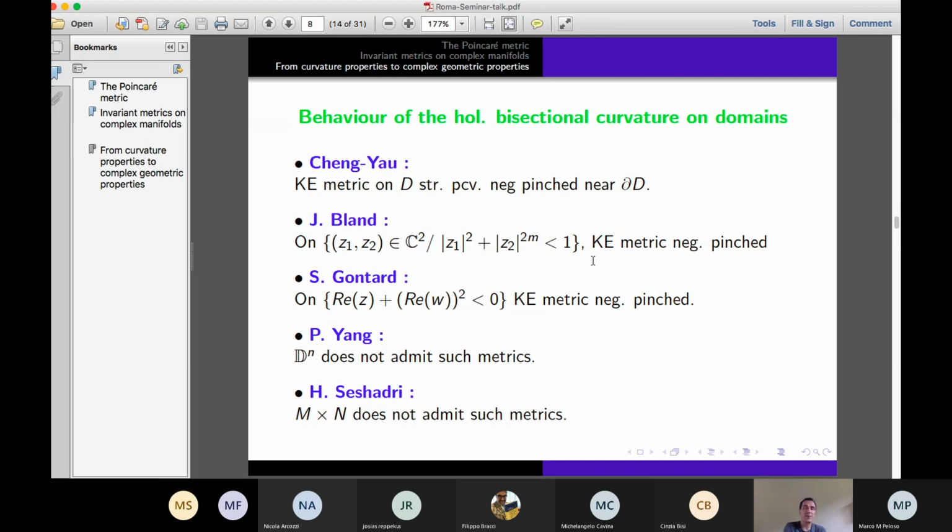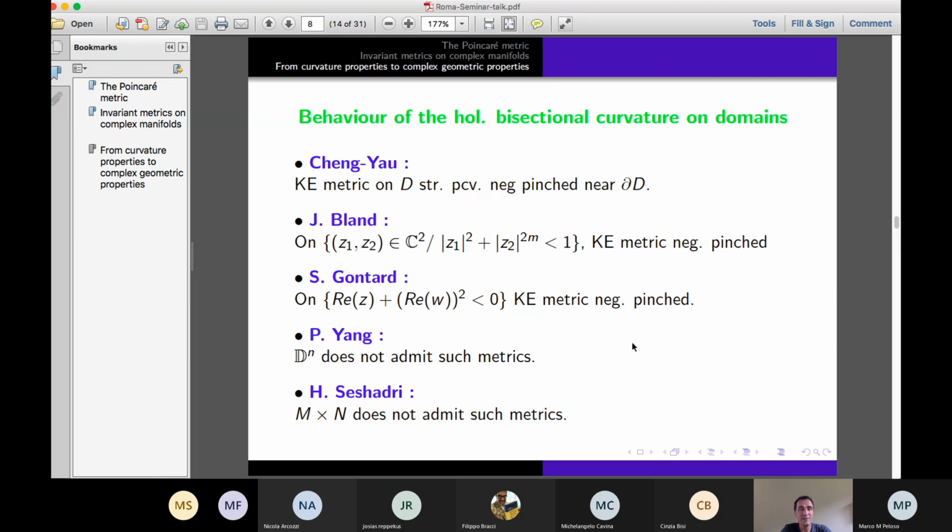Sebastian Gontard considered the case where you have an unbounded domain, because you replace the modulus of z to the power 2m by the real part of w squared. So it's unbounded, and the Kähler-Einstein metric still has negatively pinched holomorphic bisectional curvature.